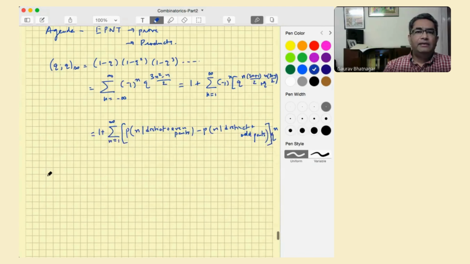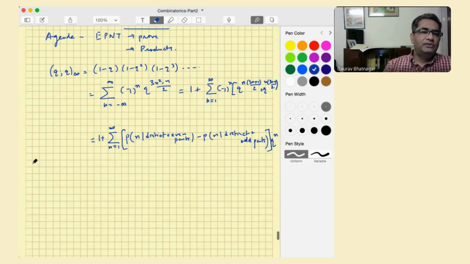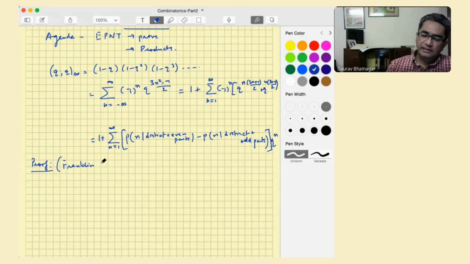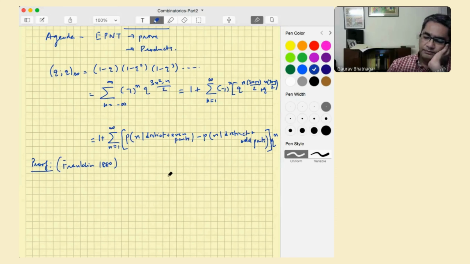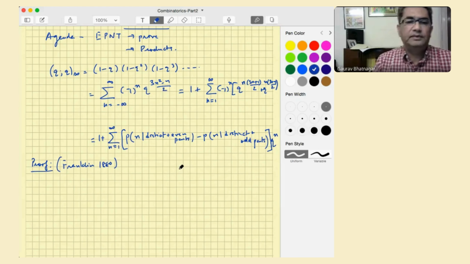And how does one prove this fact? So we will do two proofs of this, but today we'll do one. The proof is due to Franklin, 1880.